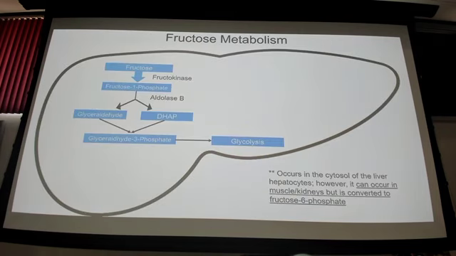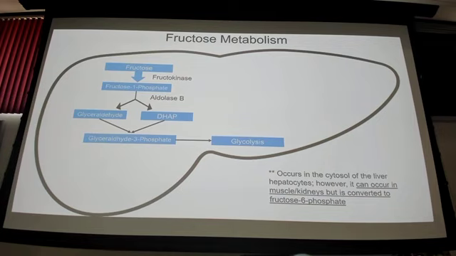All right. Here are the specific pathways. Fructose in the cytosol of the liver will be converted to fructose 1-phosphate by fructokinase.